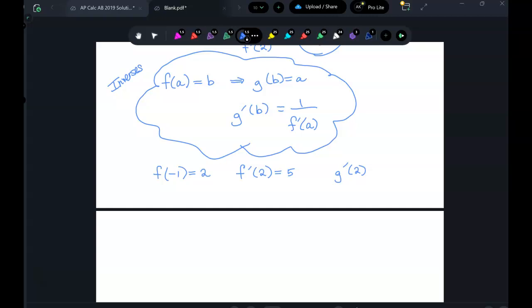No, I messed up on that. I keep messing up. This is supposed to be negative 1. You're supposed to ask for G prime of 2. Now I'm getting all mixed up. So G prime of 2 would be 1 over F prime of negative 1.